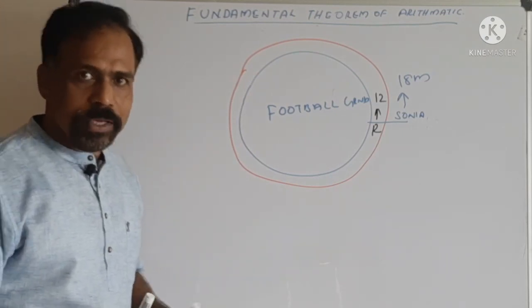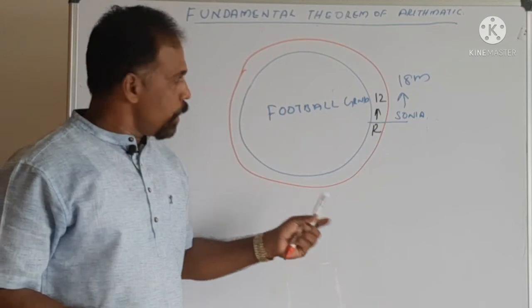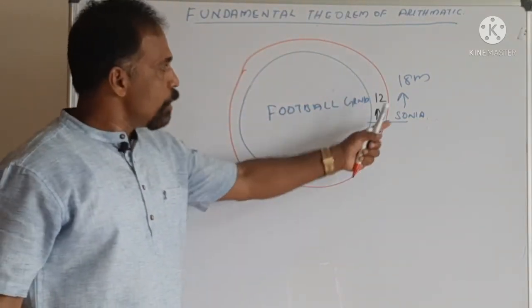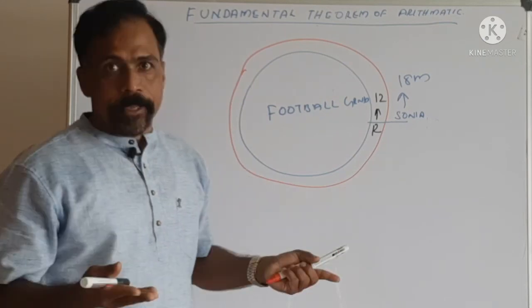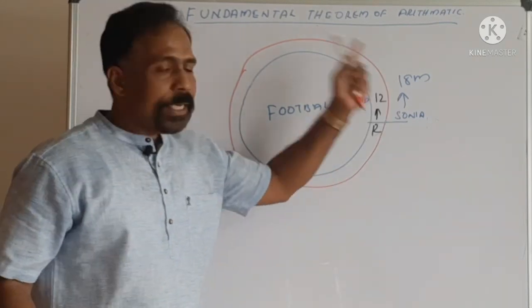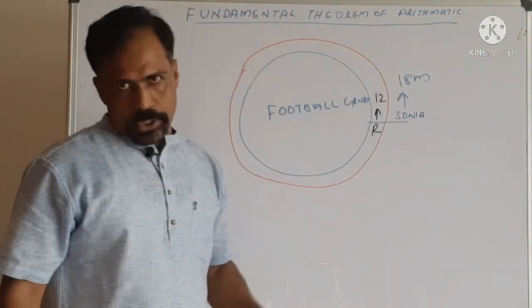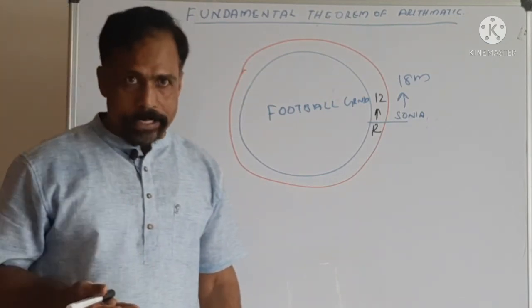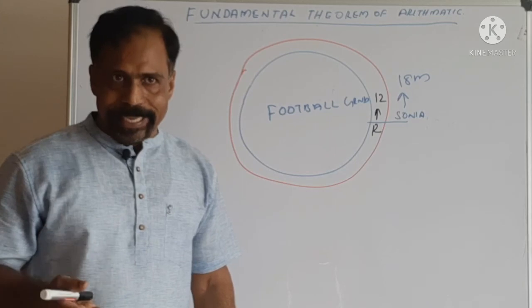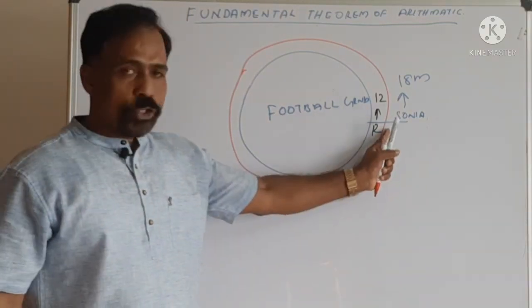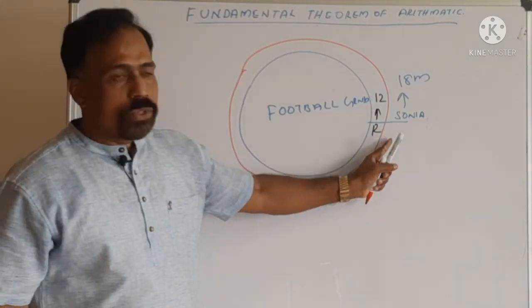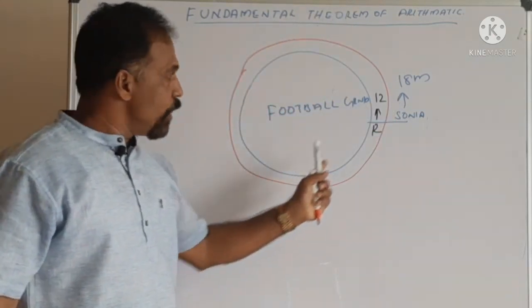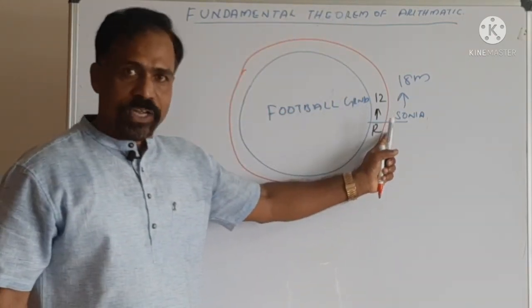Ravi will be faster because he completes the ground in 12 minutes, whereas Sonia takes 18 minutes. Now, the question is, after how many minutes will they meet again at the same starting point, if they started in the same direction?